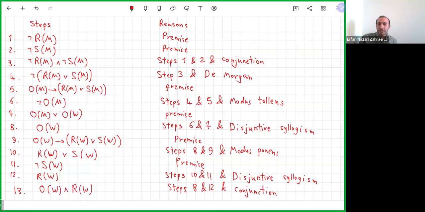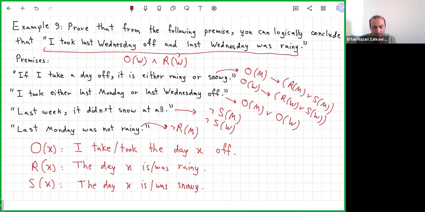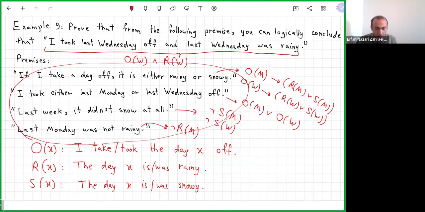This is a step-by-step proof of the fact that these statements logically imply this statement. That's very nice, isn't it?